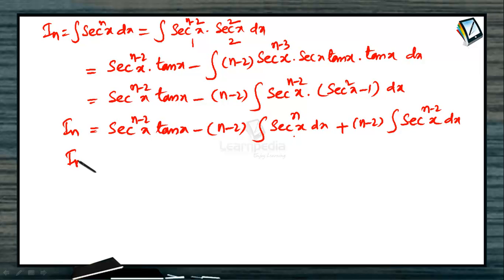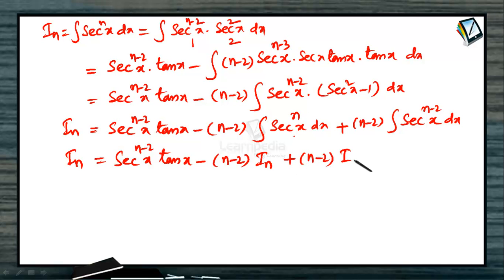So we can express I_n equals secant power n minus 2 of x into tan of x, minus n minus 2 of I_n, plus n minus 2 of I_{n-2}.